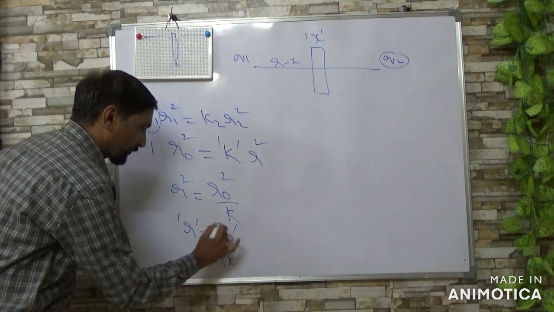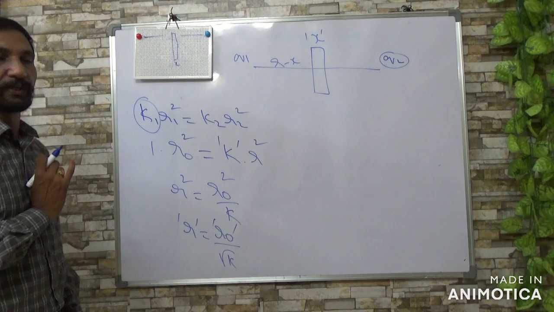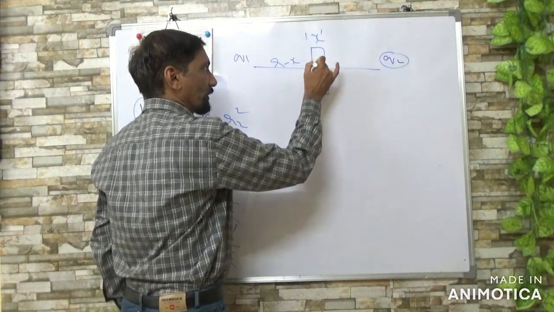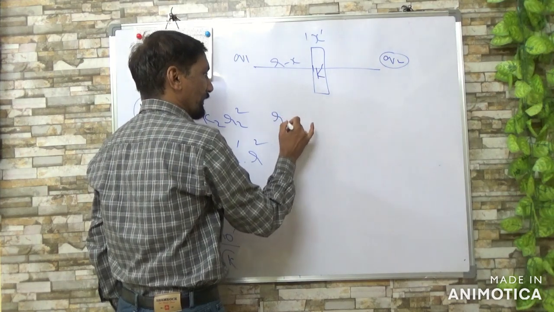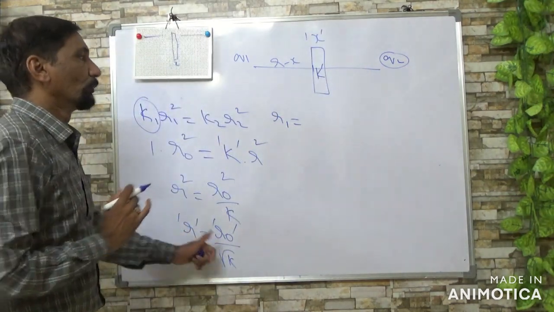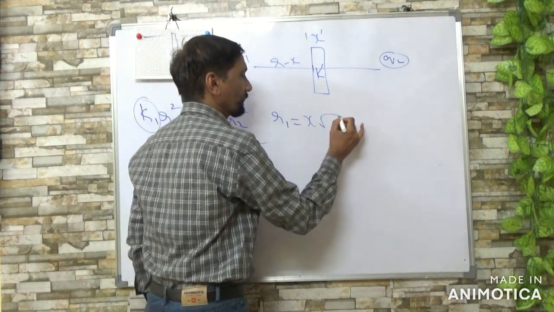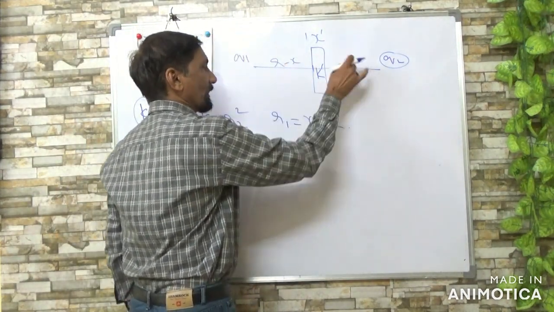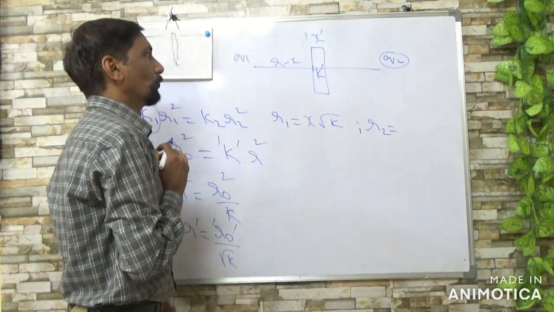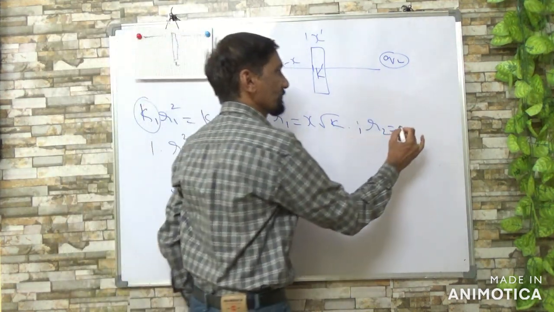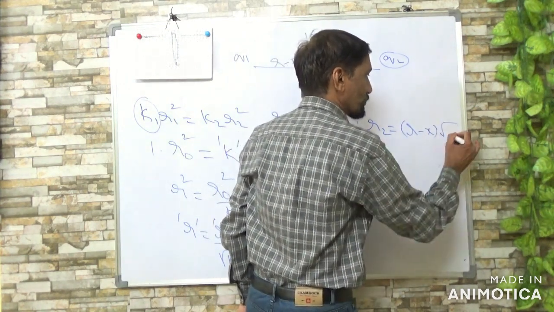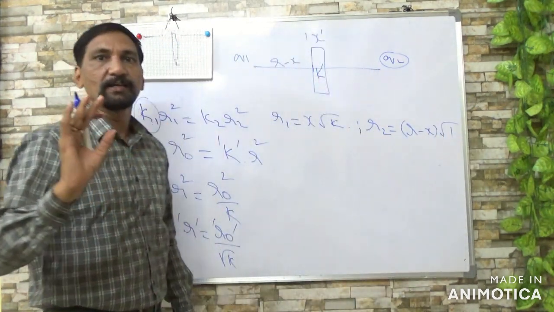The effective distance in the glass is X into root K, where K is the dielectric constant. For the second part, R2 is equal to R minus X into the dielectric constant of air, that is 1.